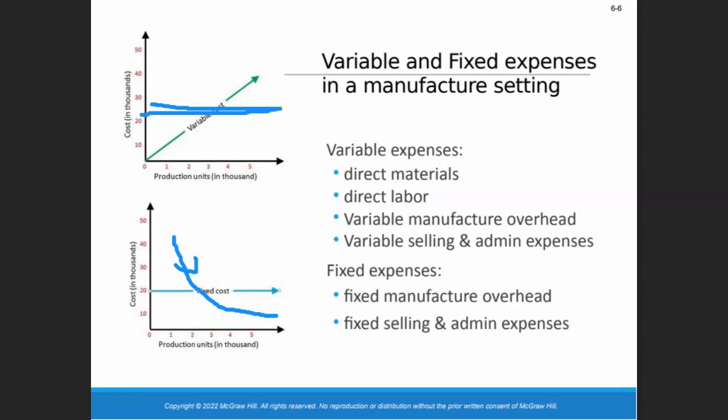You must specify whether you are talking about the total or per unit. For fixed cost, the total is constant, and the unit fixed cost is decreasing. Okay, that's a full understanding of the cost behavior.